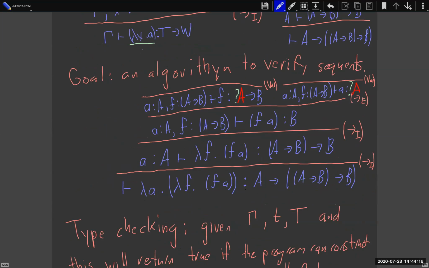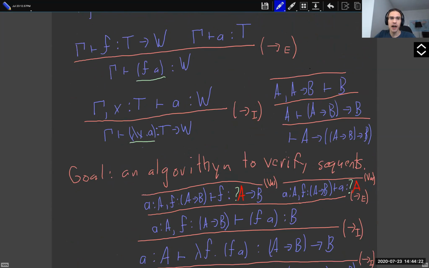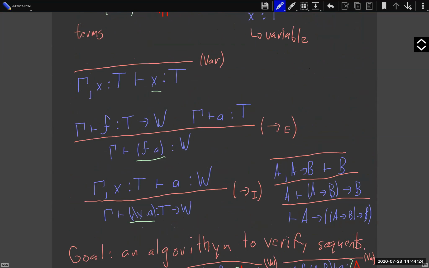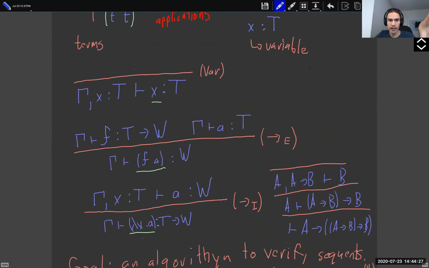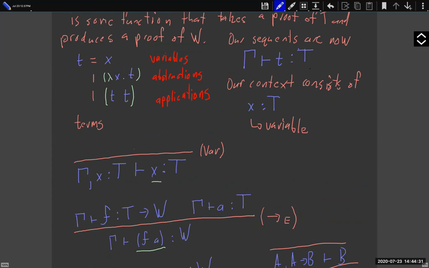Like over here, you have lambda A and lambda F, so F A. First off, why does it do it at all abstractly? The first reason is because there are 3 grammar rules in lambda calculus: variables, abstractions, and applications.